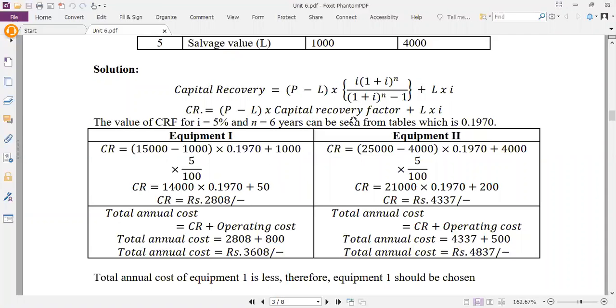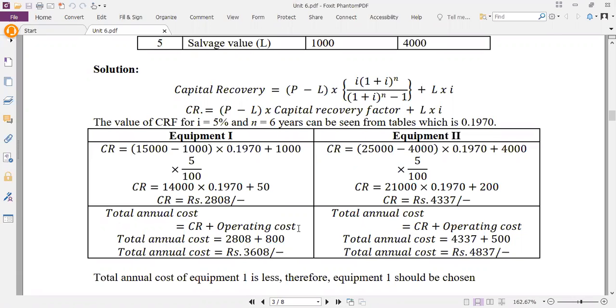And if you put the same CRF for equipment number 2, you will get capital recovery as 4337. Then total annual cost. The total annual cost is calculated by capital recovery plus operating cost.